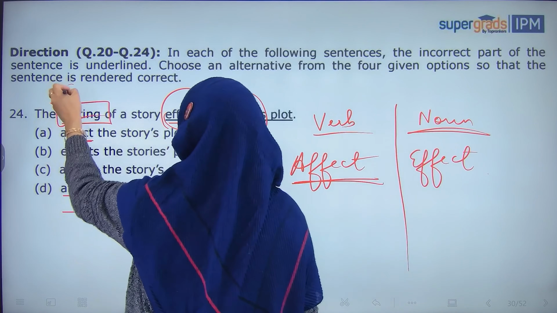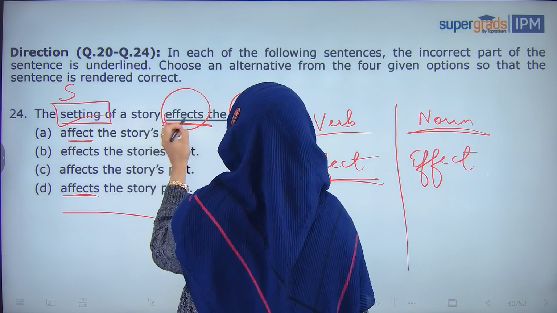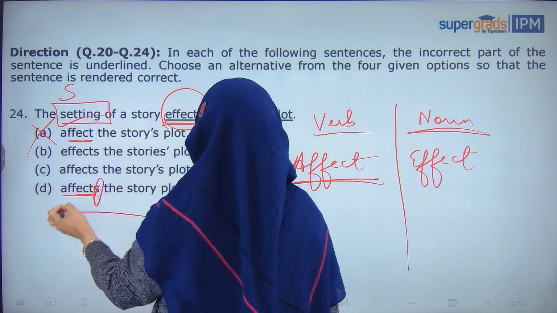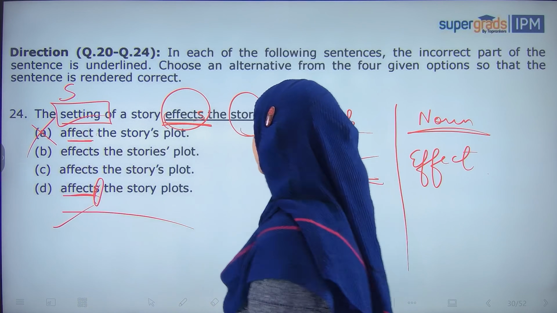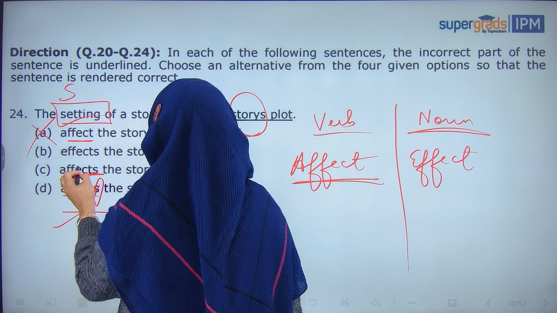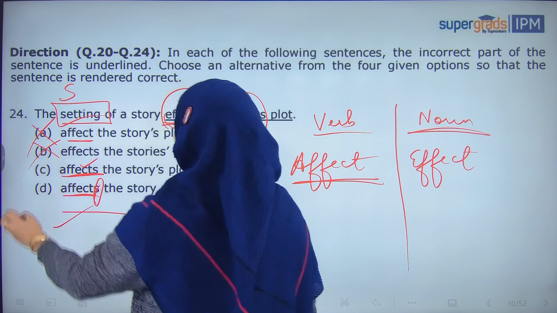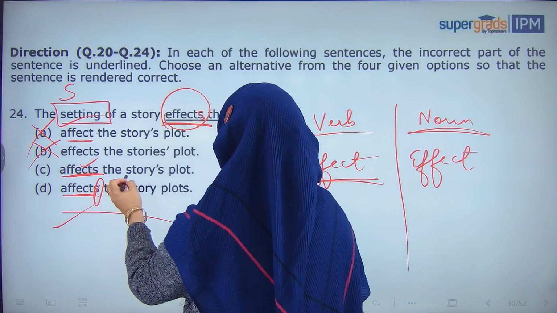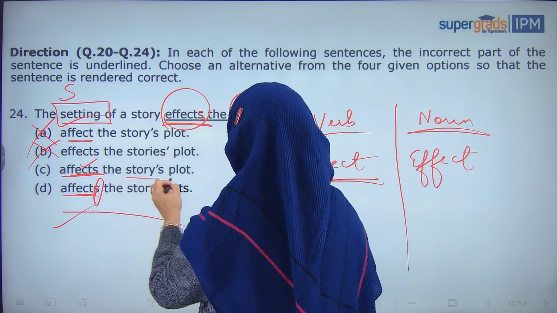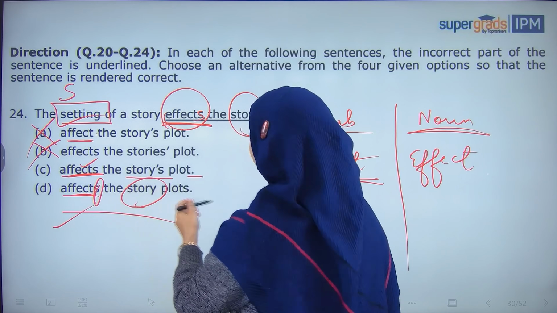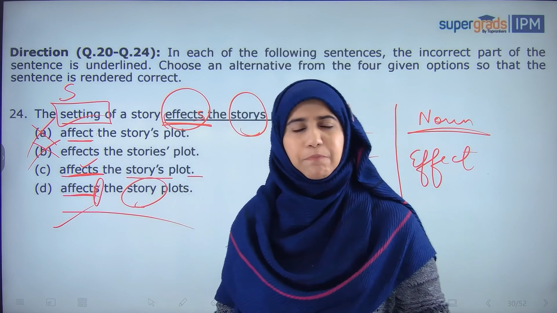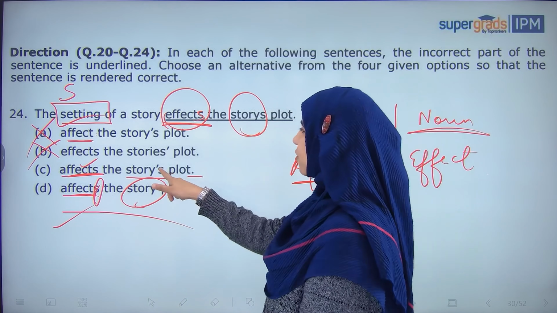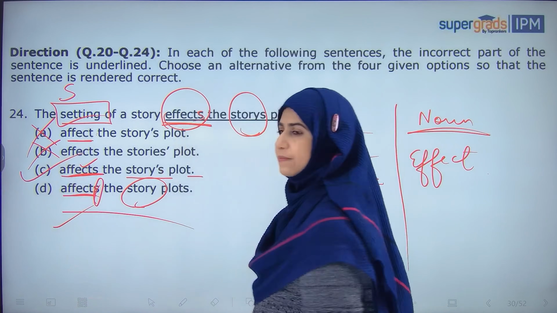When it is singular, then even your verb should have S. It doesn't have. Affects. So, ये सही है. We eliminate option A and option B, right? Affects, but look here, affects the story's plot. We need an apostrophe, right? Plot of the story, right? Story's plot. We need an apostrophe. Yes, hence C should be the right answer.